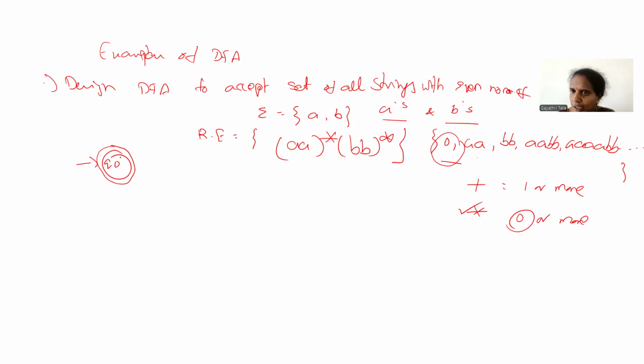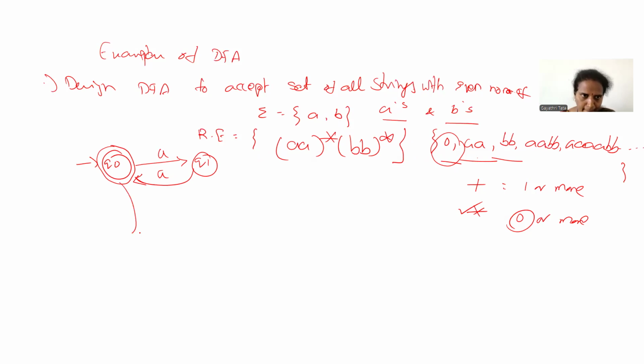Same for the second, AA: after reading two A's, we have to reach the final state. For this, I'm taking one state Q1. A, and again A, final state. Next, our string is two B's.